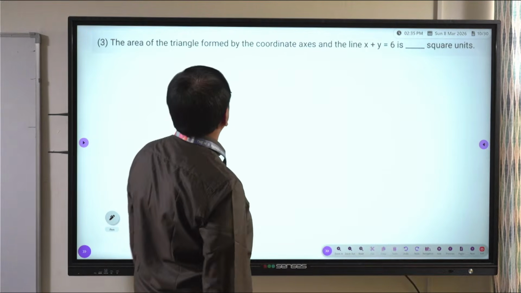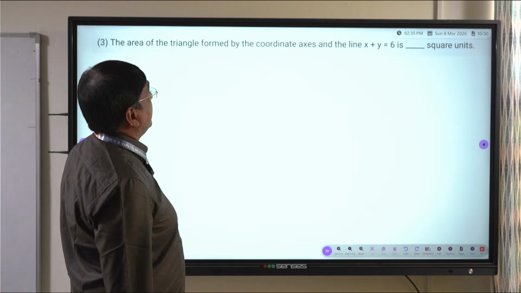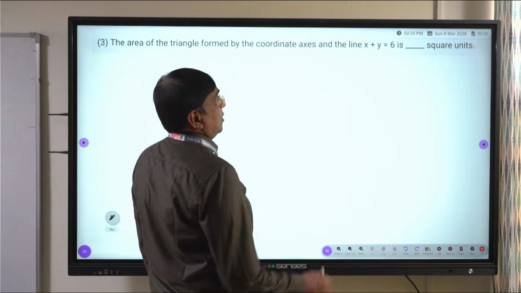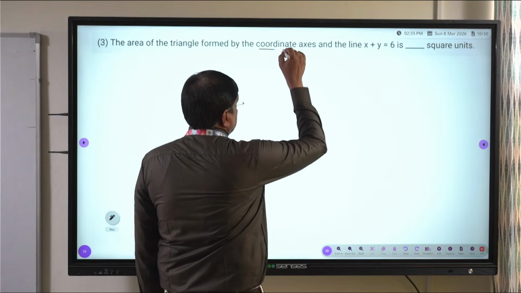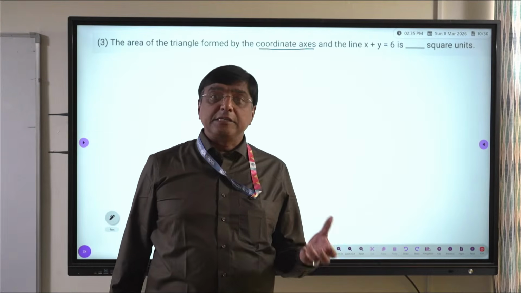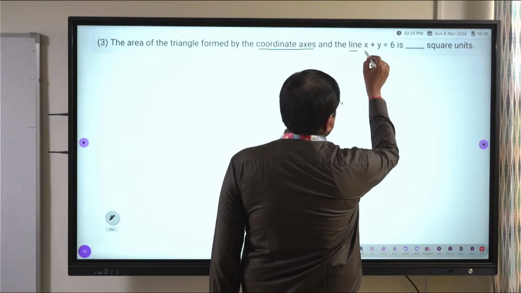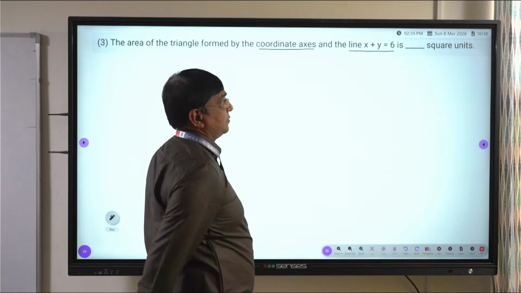Next one. Important. The area of the triangle formed by coordinate axes. Meaning of coordinate axis, that is x-axis and y-axis. And the line x plus y equals 6.